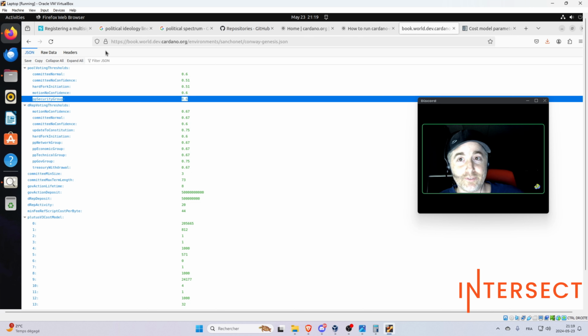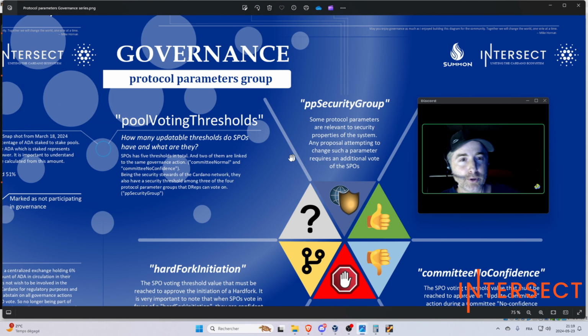So that brings me to the fact that the PP security group and every protocol parameter that's involved in this group are most likely not to change very soon.